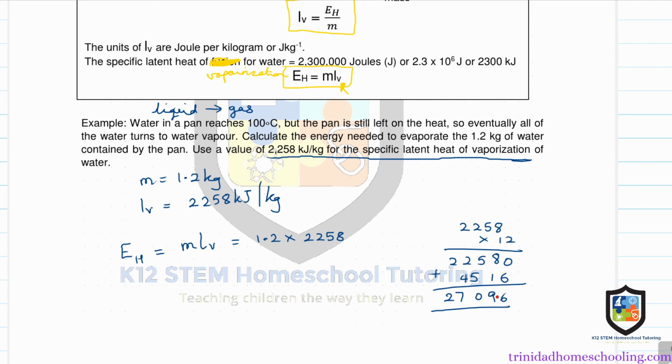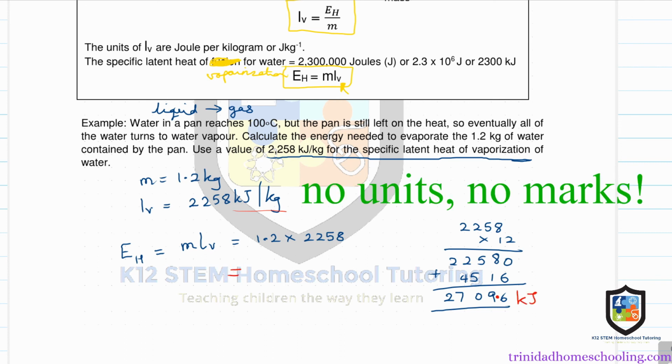So our answer is 2709.6 kilojoules. Okay, and that's our answer here.